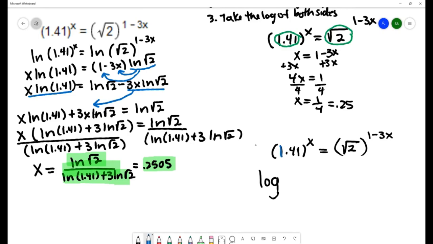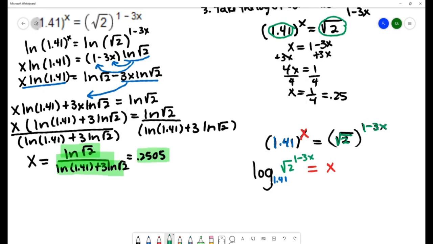So I'm going to use 1.41 as the base. Now the log always equals the exponent, so I'm going to use the exponent on that base. And then this other side of the equation is what goes inside the log. So square root of 2 to the 1 minus 3x power.